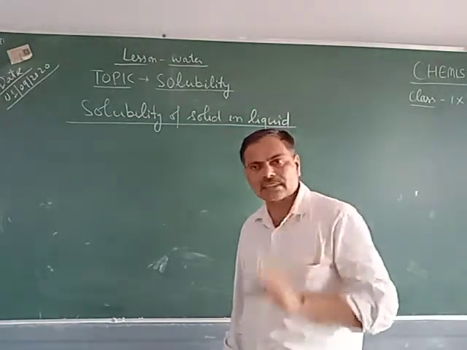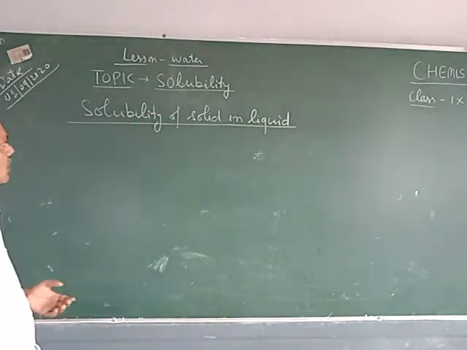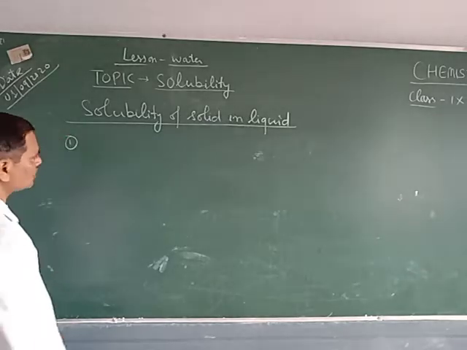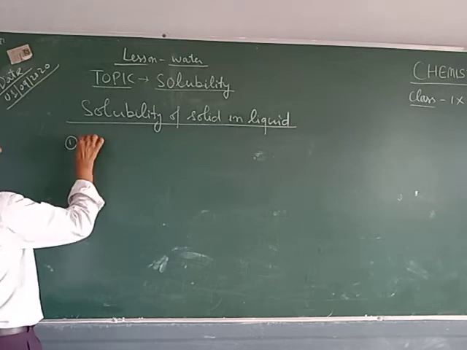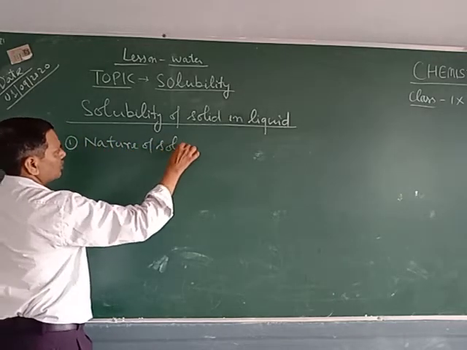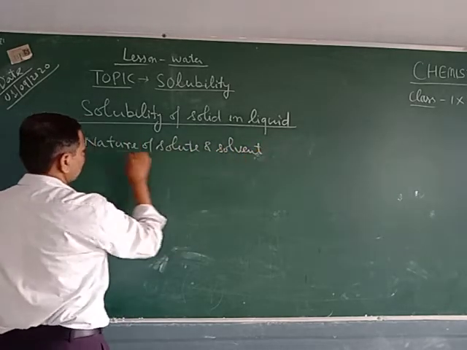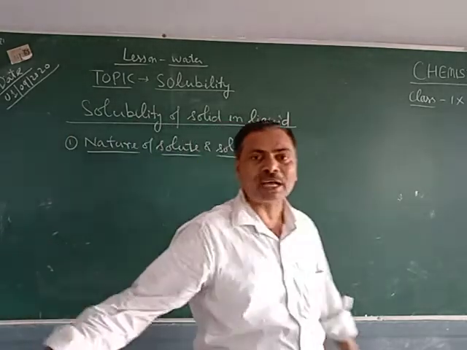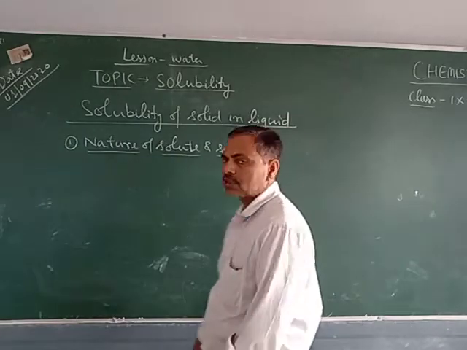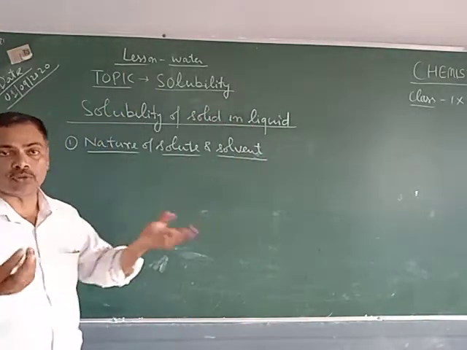And the main factors which affect the solubility of solid in liquid are: number one, nature of the solute and solvent. I mean to say, if the solvent and solute both have the same type of bonding, then solubility will be more.